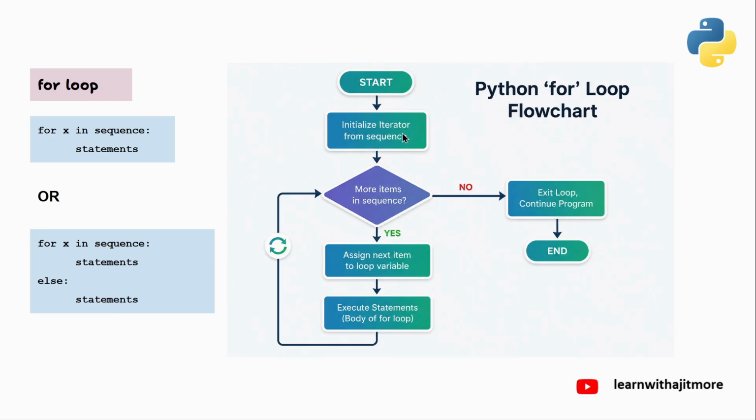If you check the flowchart of this for loop, it will initialize an indicator to the first element in the iterable. That indicator is called an iterator. It's like a pointer. Iterator is a pointer which is pointing to the current element.